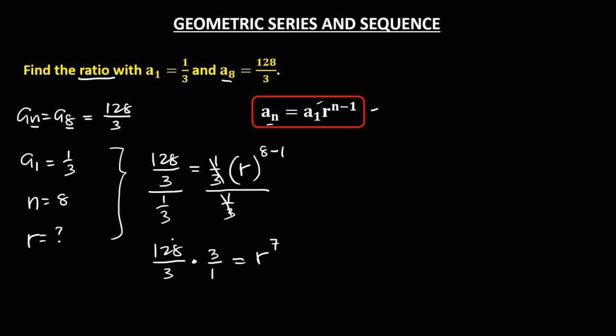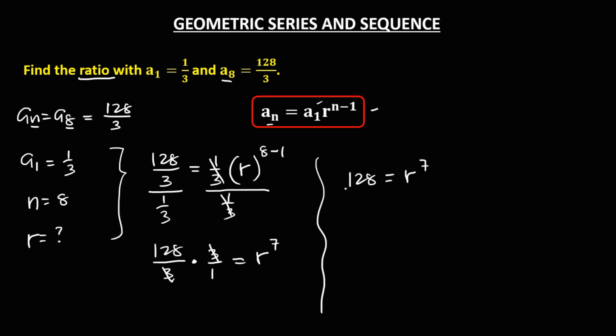In this case, we can multiply these two numerators and these denominators, or you can cancel this 3. So we have now 128 equals r to the power 7.